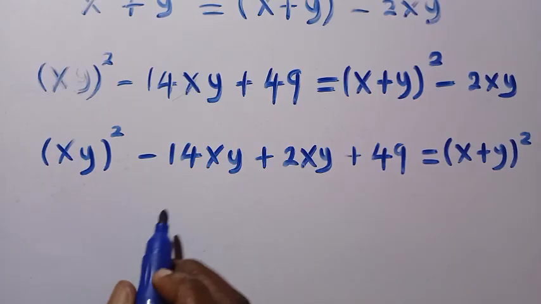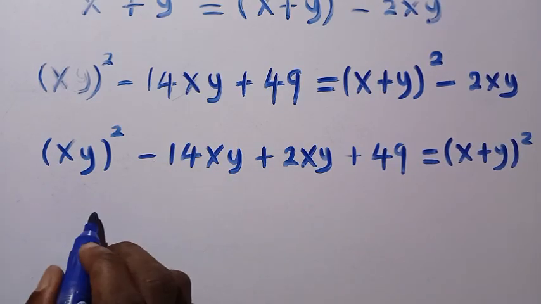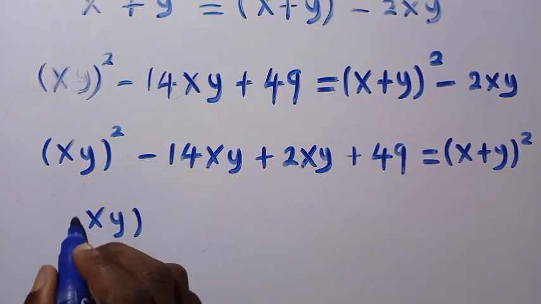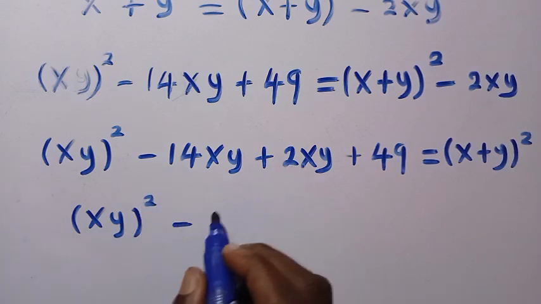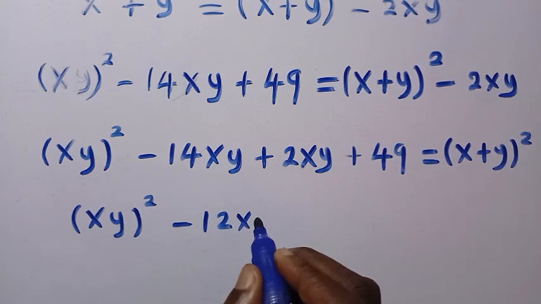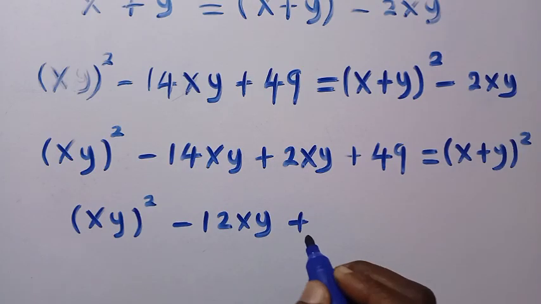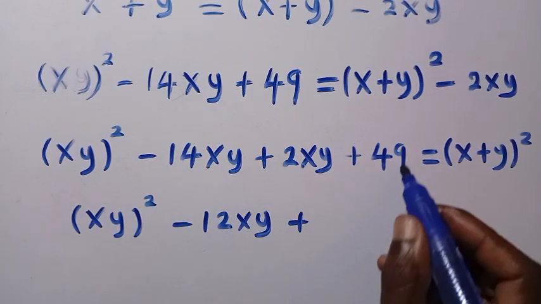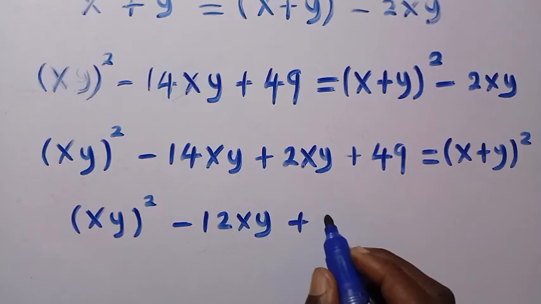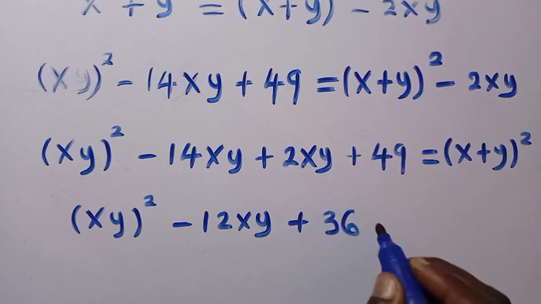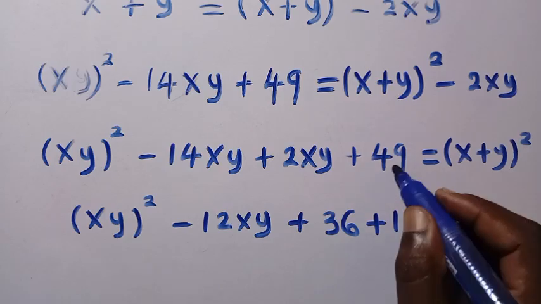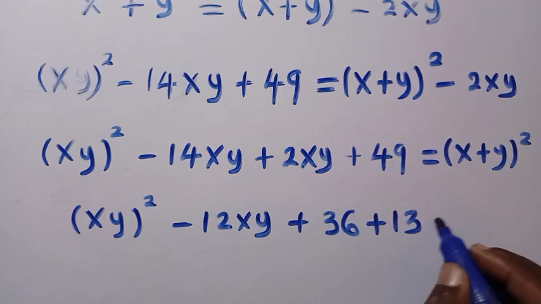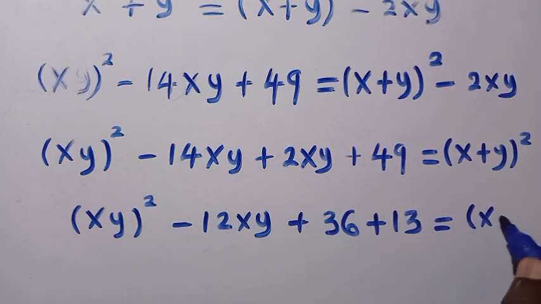So getting this, we have to add this together. Here is (xy)² minus 14 plus 2, that is −12xy. Then here is plus, I want to break this 49 into the sum of 36 plus 13. So 36 plus 13 gives us 49, and this equals (x + y)².